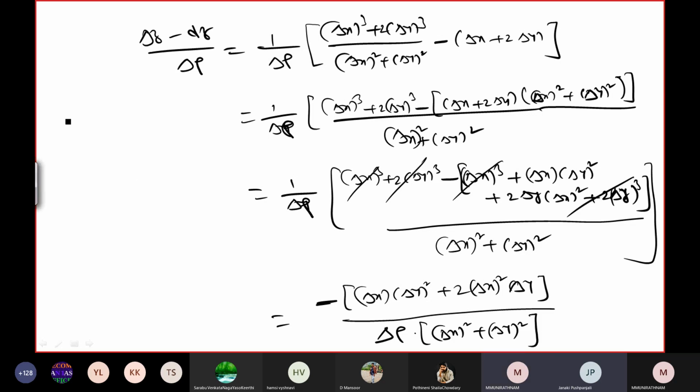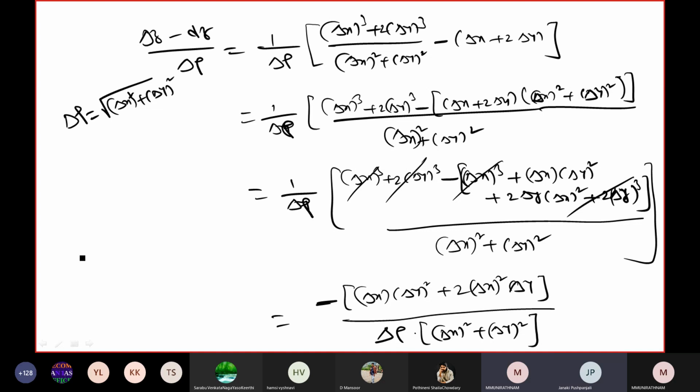What is delta rho? Root of delta x whole square plus delta y whole square. So this is root into 1.